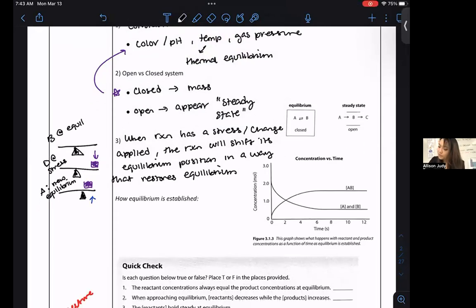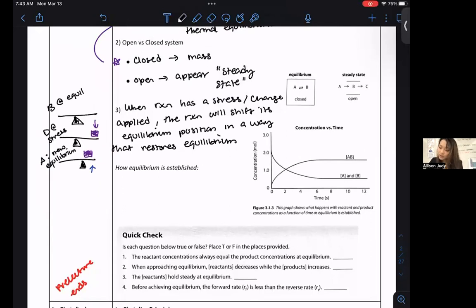Okay, so how exactly does equilibrium get established?